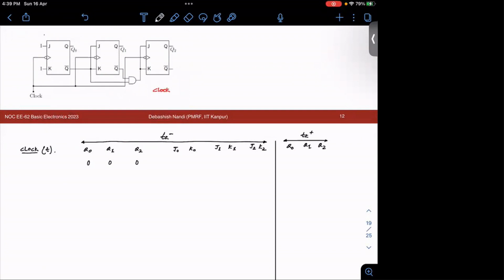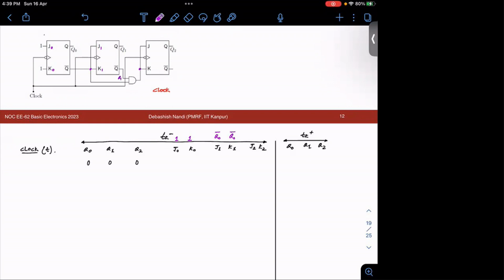Okay. You see your J0, K0 is nothing but 1 always. What is your J1, K1? It is connecting to this, which is Q0 bar. So Q0 bar, and this is also Q0 bar. Fine. What is your J2, K2?